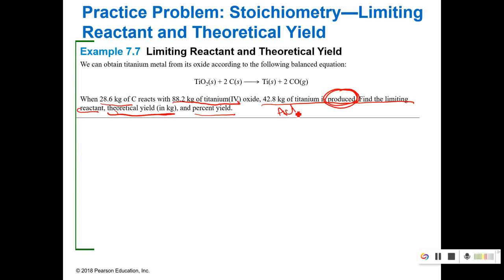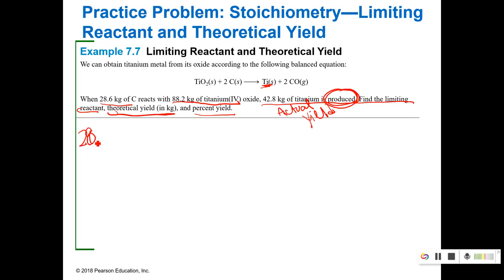This is my actual yield. Again, it's going to generally tell you the actual yield. It doesn't tell us what we're solving for, but it does tell us the actual yield is in titanium. So we need to solve for titanium for both of our reactants.